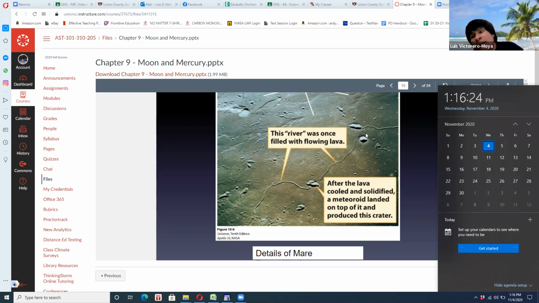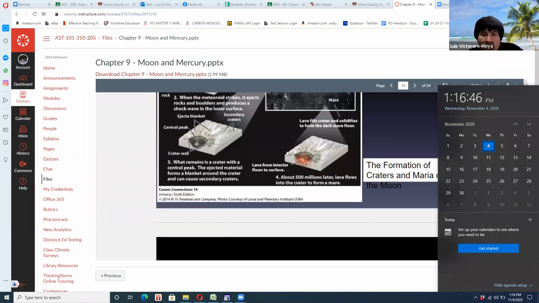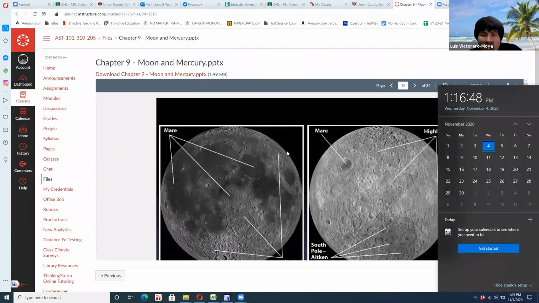You also have to remember how water was produced on Earth due to the bombardment of icy objects that we know are comets from the Oort cloud and the Kuiper belt. And since the moon is not too small, a lot of those comets or meteorites were deflected towards the moon, and that's why you have a lot of craters in there, right? So there is always an explanation for everything we observe, guys.